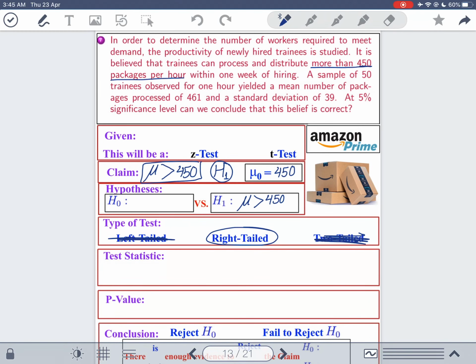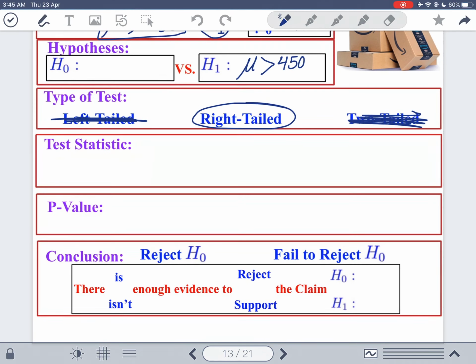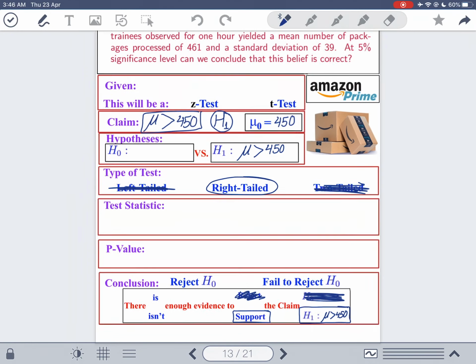So take these two out. And even before writing H0, you can go down and say that the claim is H1, the alternative hypothesis, mu bigger than 450. And so we take H0 out, and with H1 you always say support, so you take out reject, but whether there is or isn't enough evidence to support it, that depends on the p-value. Okay, good.